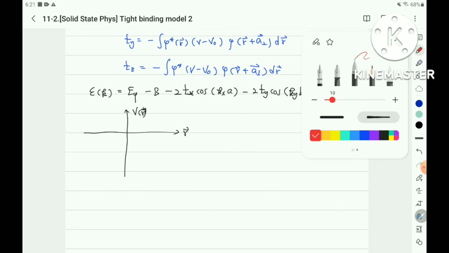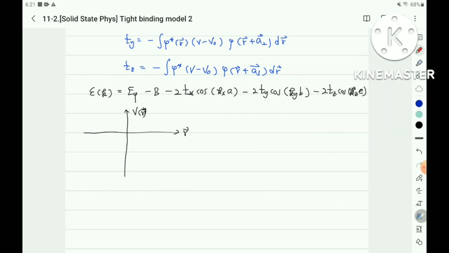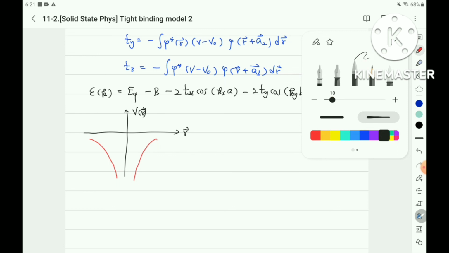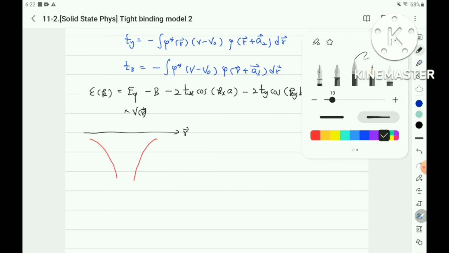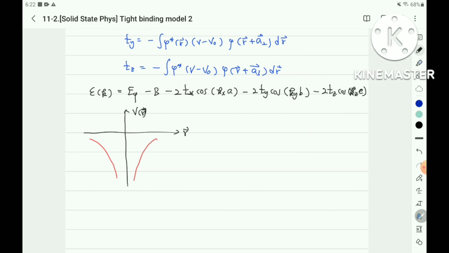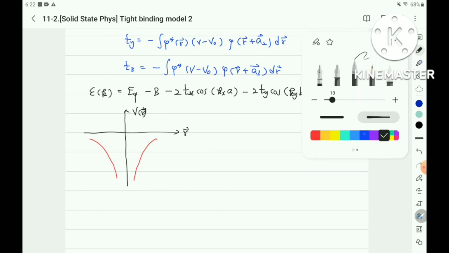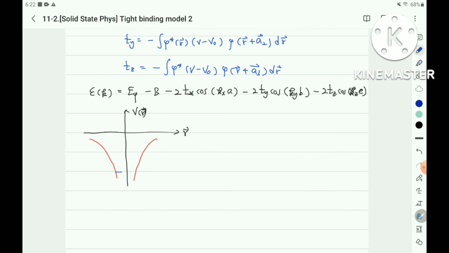V(r) is the real potential, a localized atomic potential, and the localized atomic levels have quantized energy, for example n equal to 1, n equal to 2, n equal to 3.